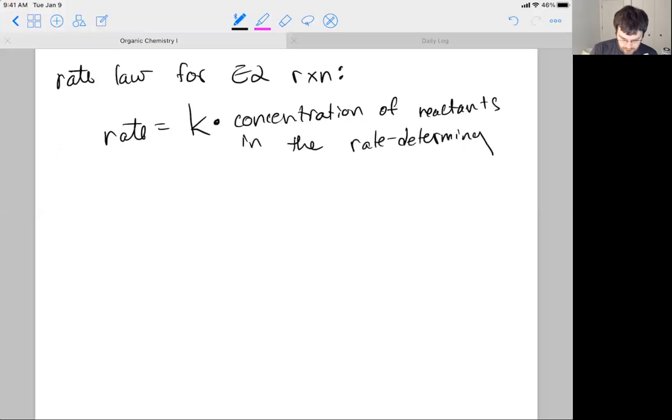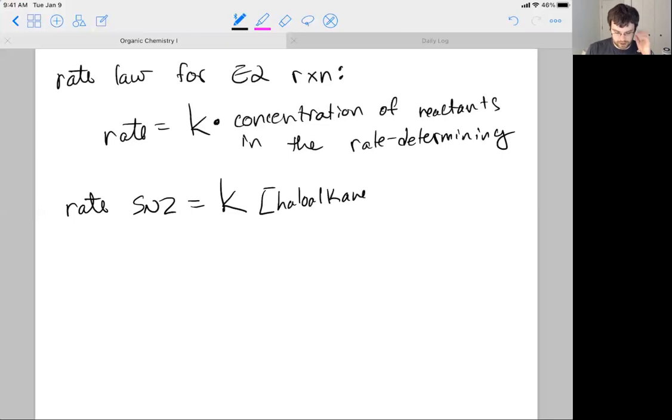For the SN2 reaction, the rate was equal to some rate constant k times the haloalkane, which was our electrophile in this context, times the nucleophile. We put those haloalkane and nucleophile in brackets to indicate concentration.